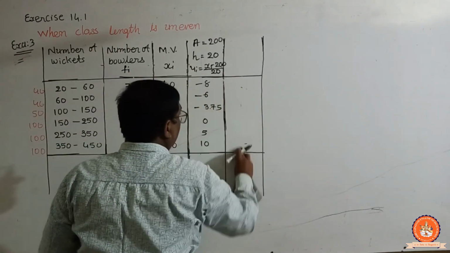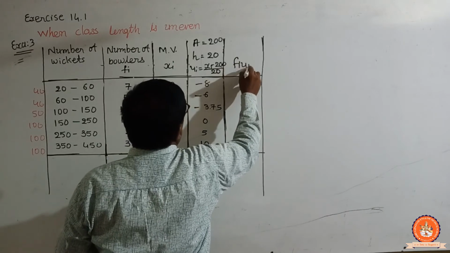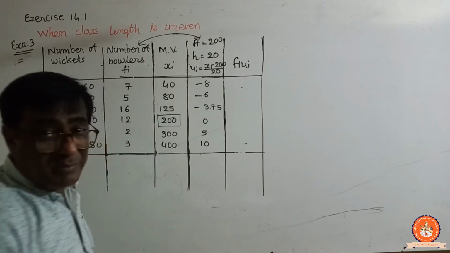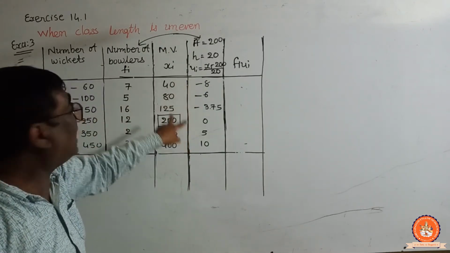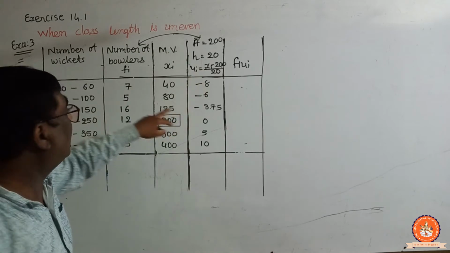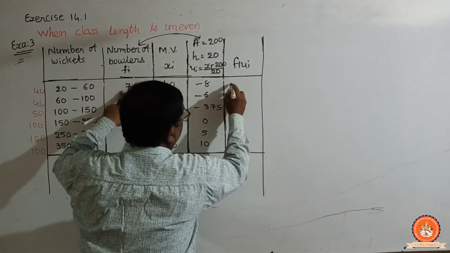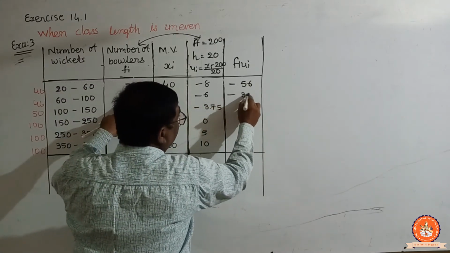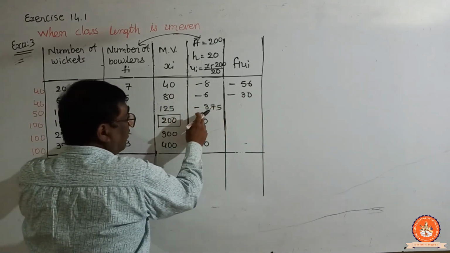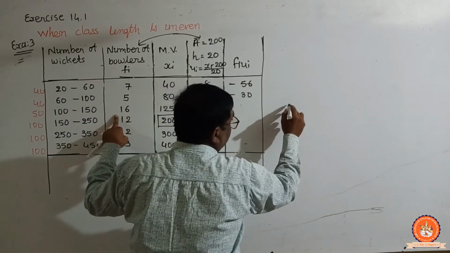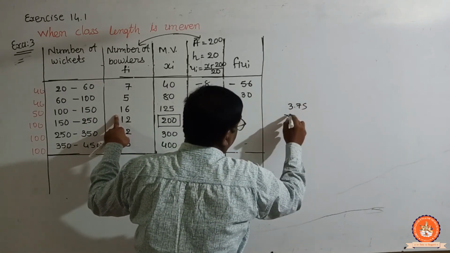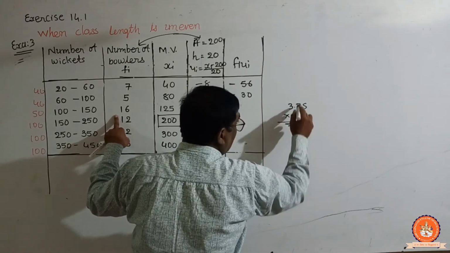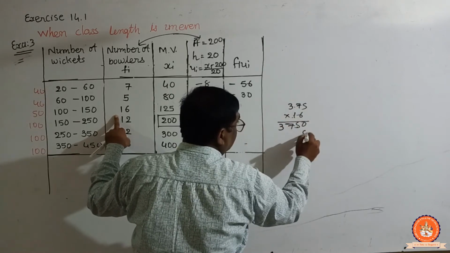Okay. Now fi and ui, these two. So don't forget, don't commit a mistake. Keep in mind that the multiplication of these two should not be missed. So 7 into 8 is 56, minus 56. 5 into -6 that is -30. 16 into 3.75. 3.75 into 16. 5 ones are 5, 7 ones are 7, 3 ones are 3, 0.